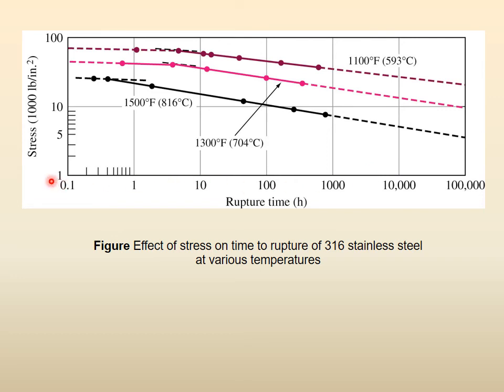So three things are there: a stress is varying, a stress till rupture, rupture time, and you are doing the experiments at different temperatures. So remember again that each of these points is now a creep rupture test.